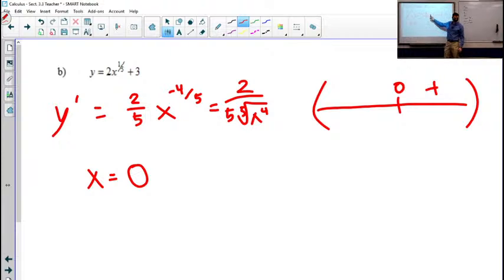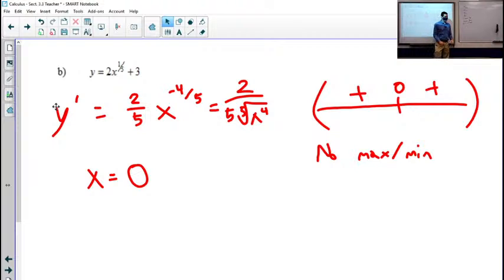It's going to turn positive again. And so positive to positive, no change in direction means no max or min. No maximum, no minimum.